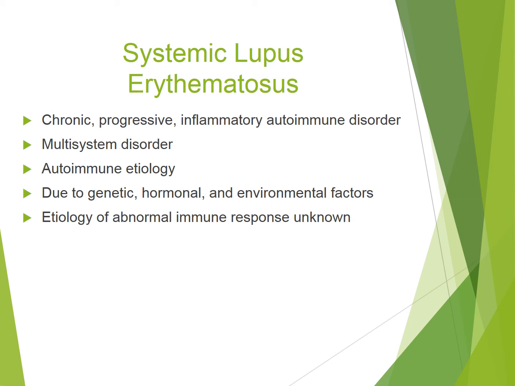That's why the ANA is an okay test to start with, because they're saying, hey, there's something going on here. Now we've got to be more specific and do some other testing to figure out which disease process this actually is. So it damages your connective tissues. It can damage your blood vessels, your mucous membranes, etc.